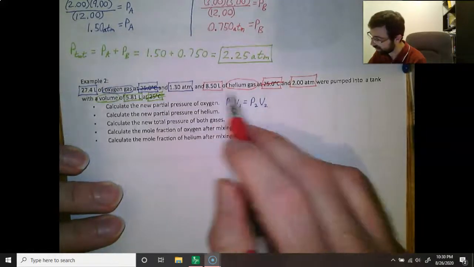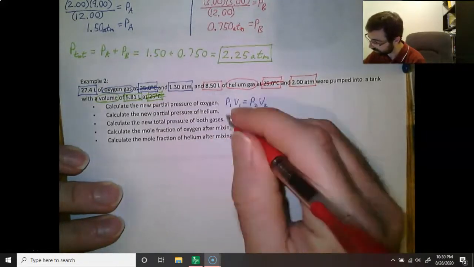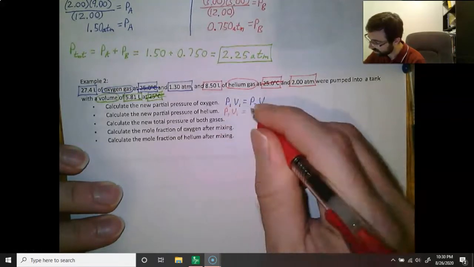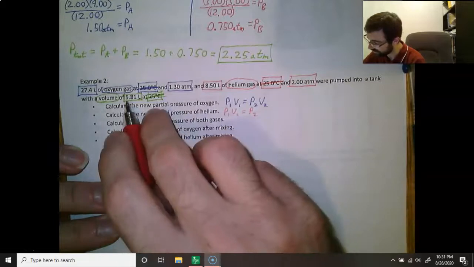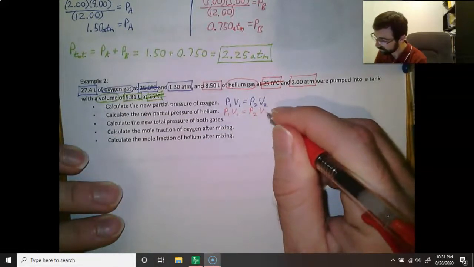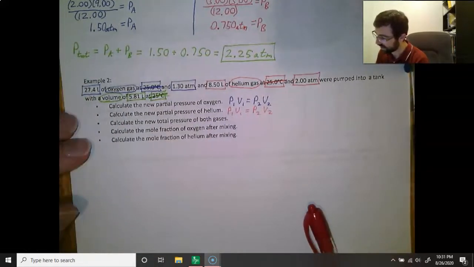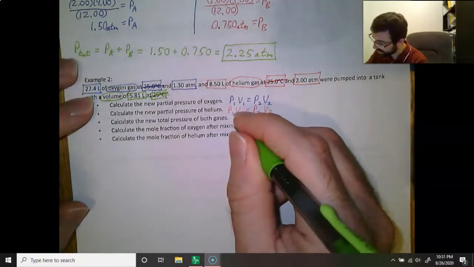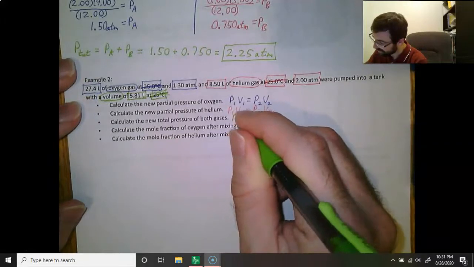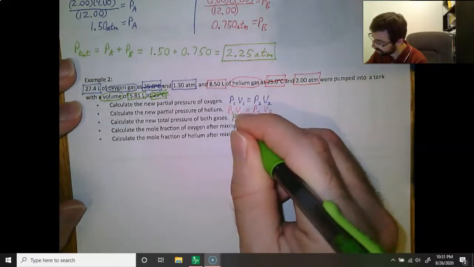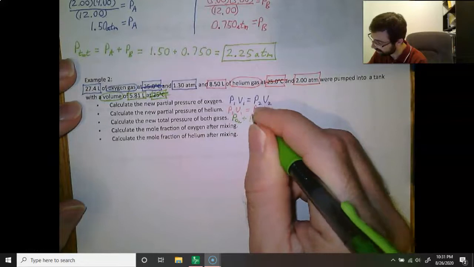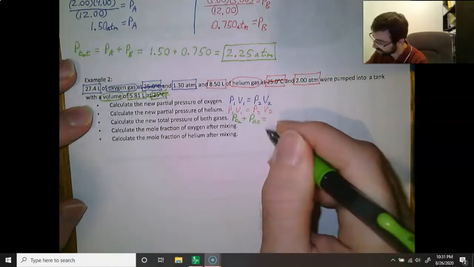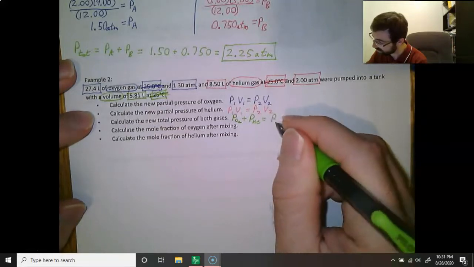I have P1V1 equals P2 times V2. I need to calculate the total pressure of both gases. That would be the pressure of O2 plus the pressure of helium, He, equals the total pressure.